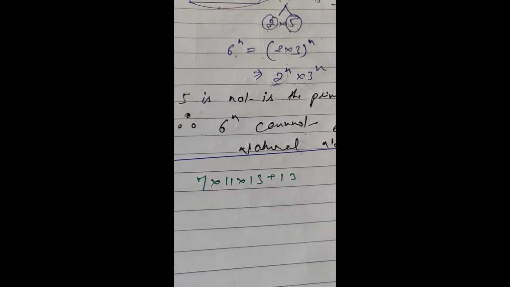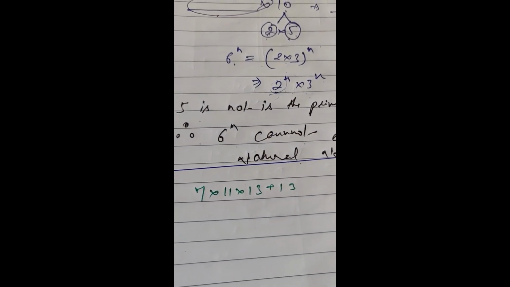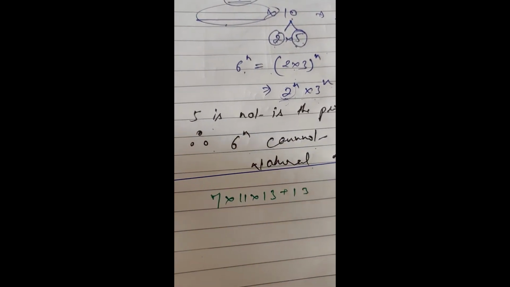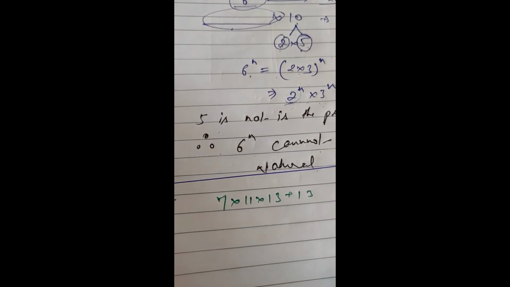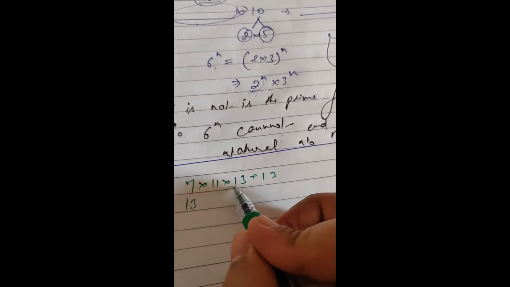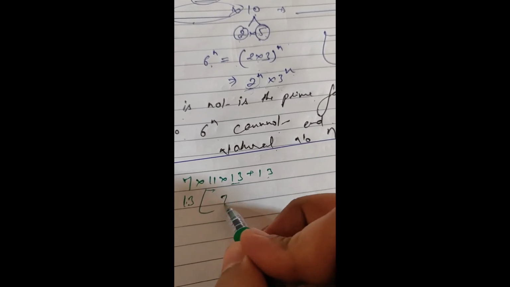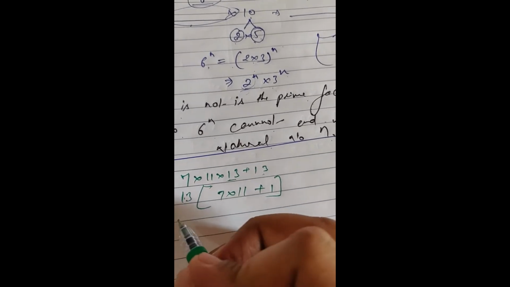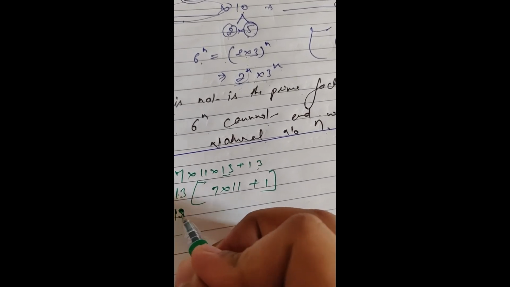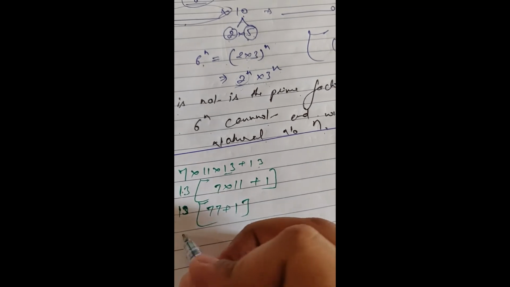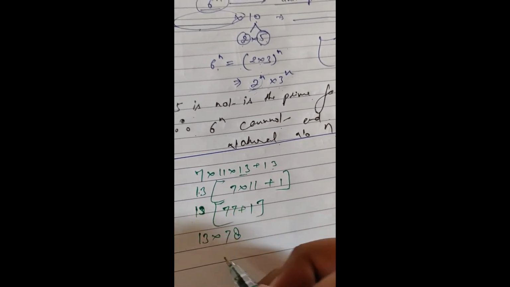Now this has to be proven a composite number, and to prove it, we can simply show that it has more than 2 factors. We are taking 13 common because 13 is over here and 13 is over here. So we are left with 13 into (7 into 11 plus 1). 7 into 11 is 77, plus 1 is 78, so 13 into 78.